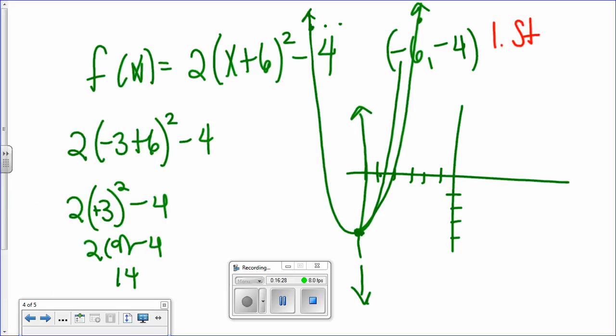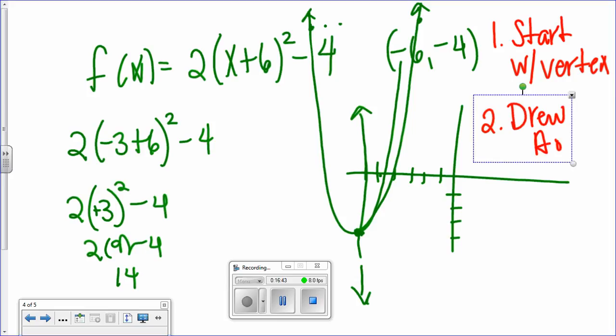Started with the vertex. Then I picked a point. Right.